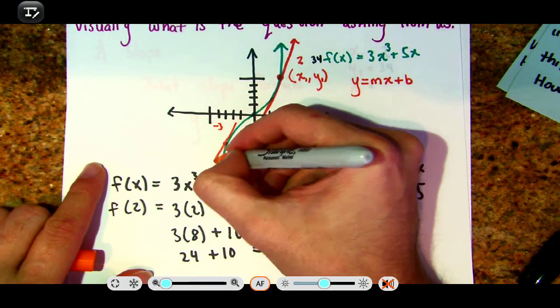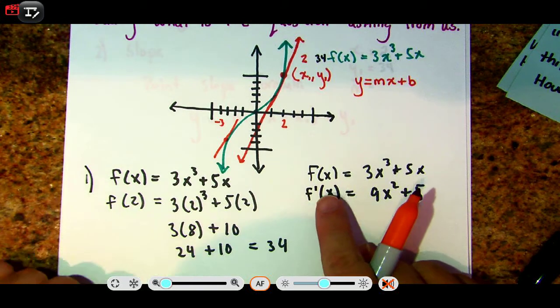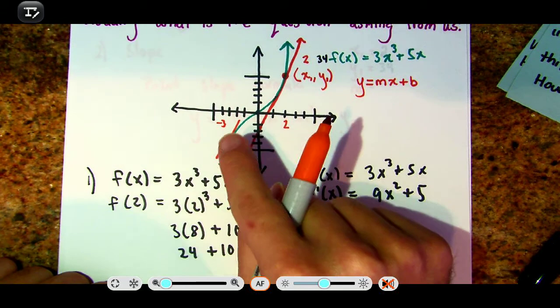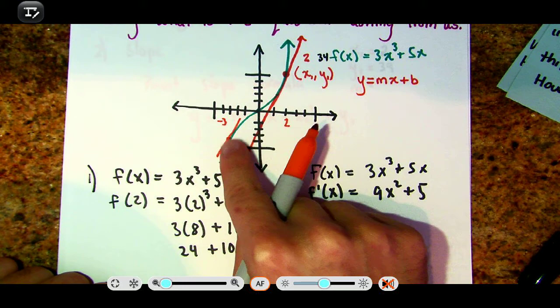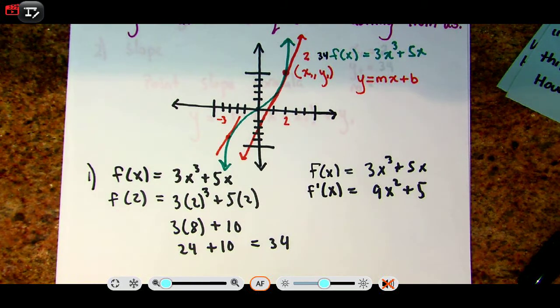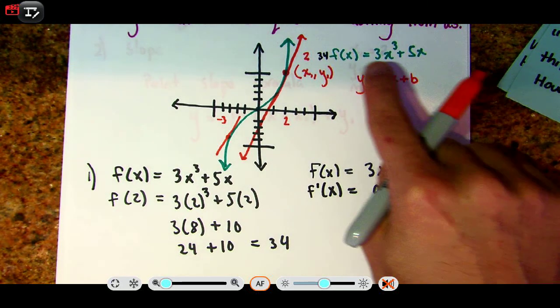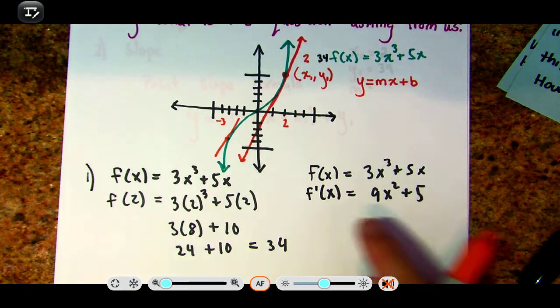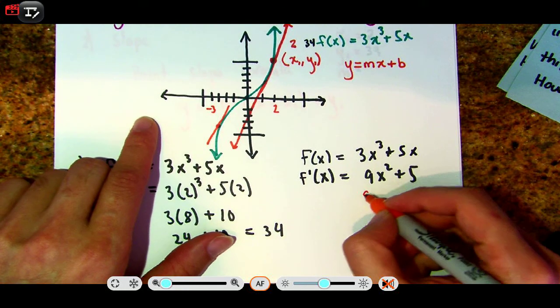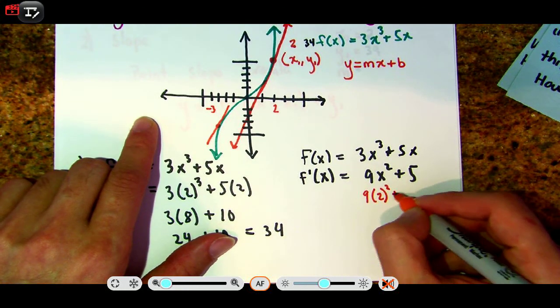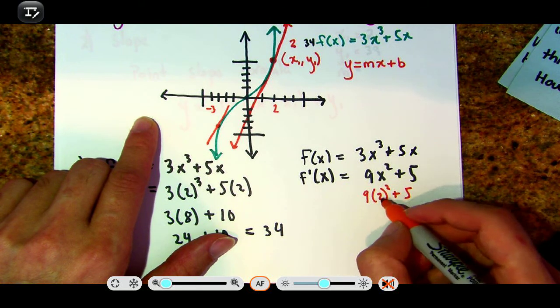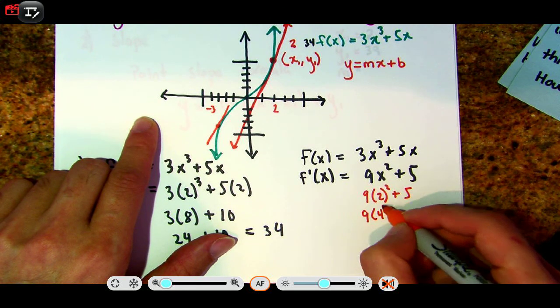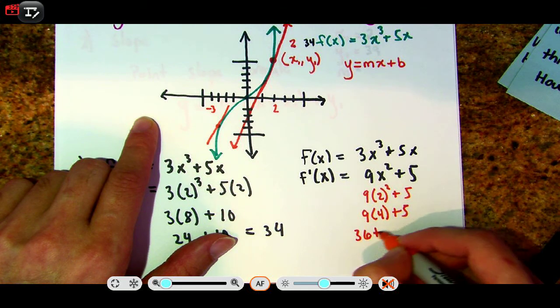If I plug in -3 into the derivative, I'm finding the slope of that tangent line at -3. Okay, so here we just have to plug in 2 into the derivative. So this just becomes 9 times 2 squared plus 5, which is 2 squared is 4, so 9 times 4 plus 5, which is 36 plus 5, which is 41.